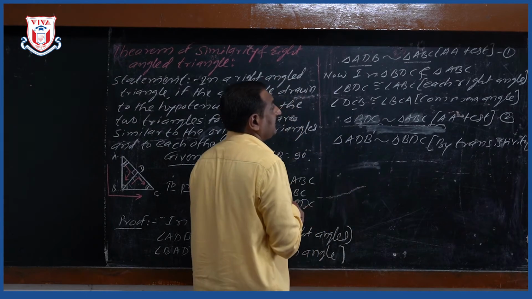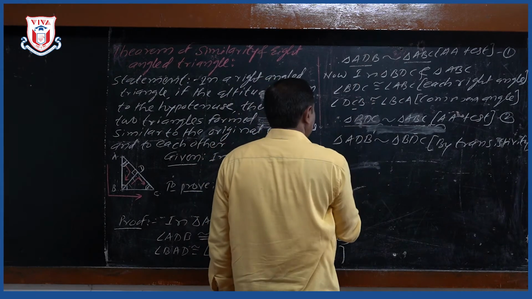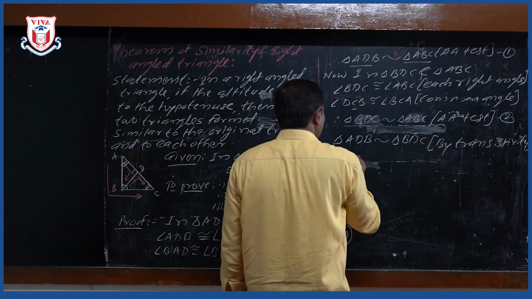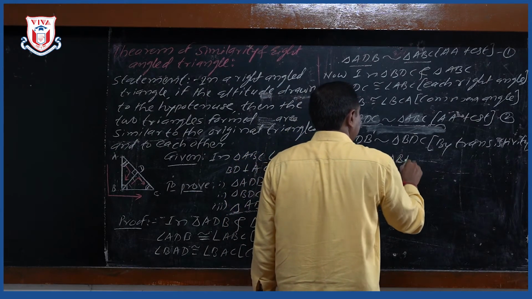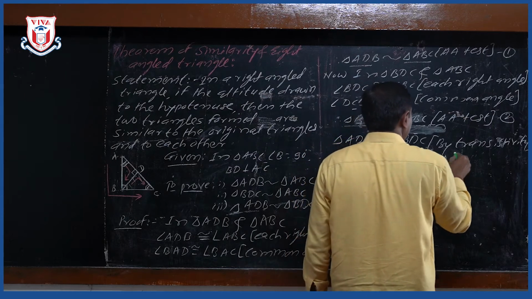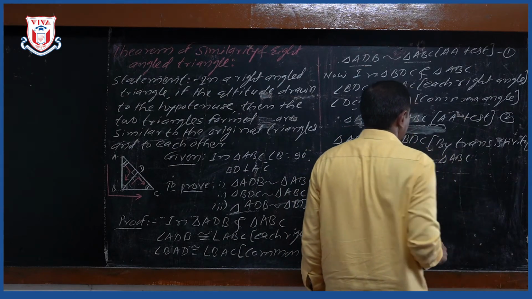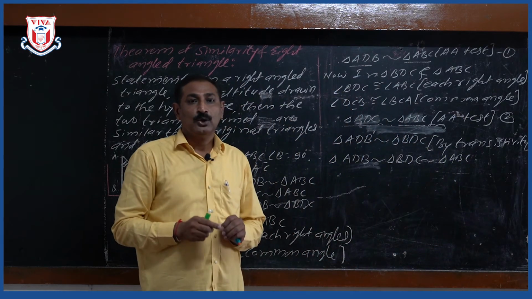Again you can also write this directly: triangle ADB similar to triangle BDC similar to triangle ABC, meaning the theorem is proved.